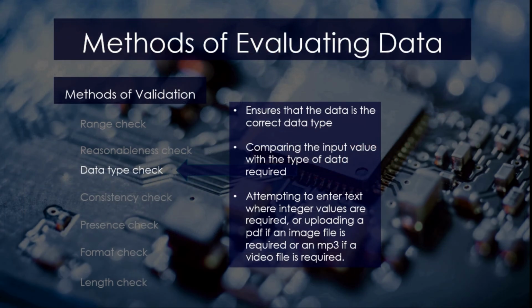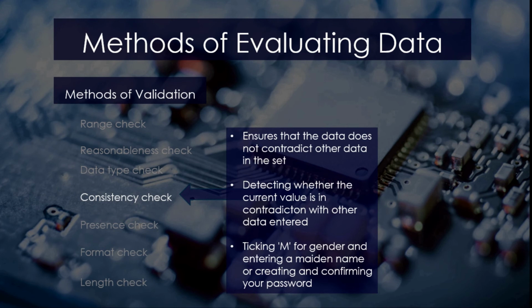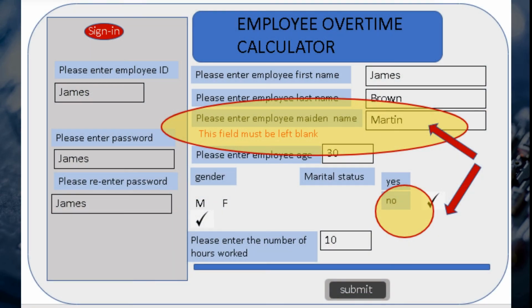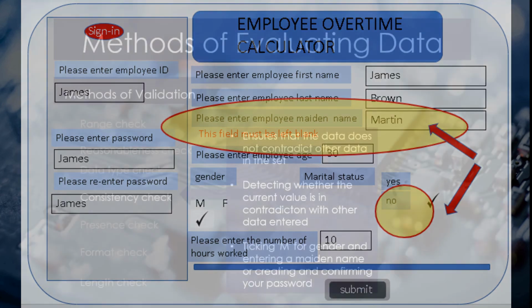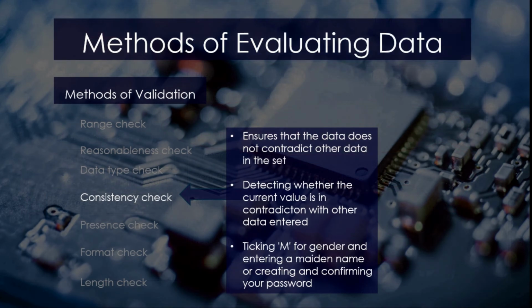The consistency check ensures that the data does not contradict other data in the set. The system will detect whether the current value is in contradiction with other data entered. For example, ticking M for gender and entering a maiden name will show conflicting information, or creating a password and entering the password wrong will be conflicting information. This will be an example of a consistency check.